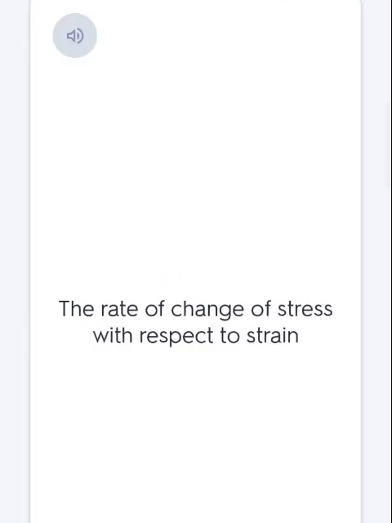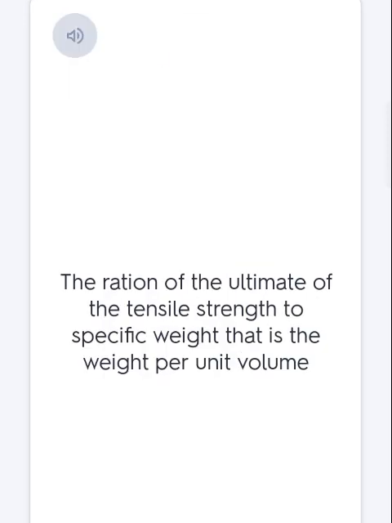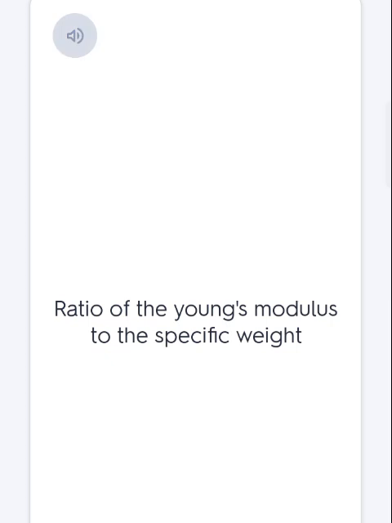The rate of change of stress with respect to strain. Specific strength. The ratio of the ultimate tensile strength to specific weight, that is the weight per unit volume. Specific modulus. Ratio of the Young's modulus to the specific weight.